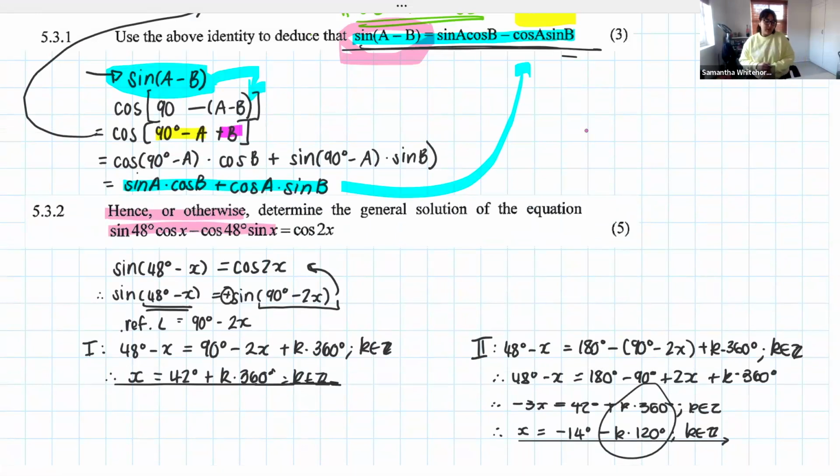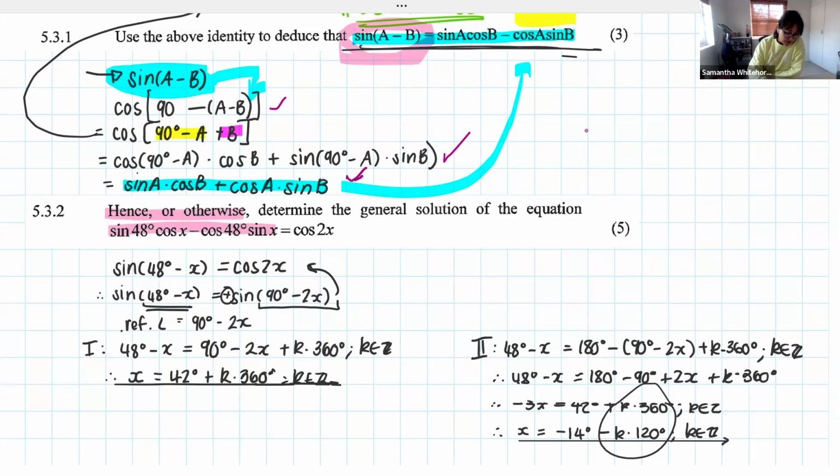So just so you can see the co-ratio is the mark allocation. You get a mark for understanding co-ratio in 5.3.1. You get a mark for expanding your compound angle according to the rule that you have. You get a mark for applying the appropriate reductions or the appropriate co-ratios, so turning the cos 90 minus a into sine a.